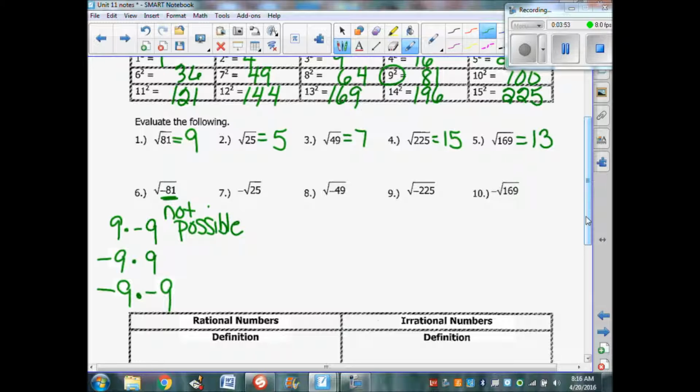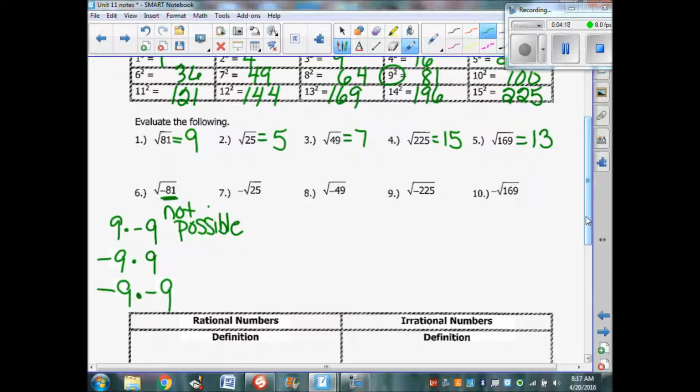But when I look at number 7, is number 7 just like number 6? What's different about number 7? The minus sign is outside the radical, or the square root. So what's happening with that? We have a negative square root of 25. So what is the square root of 25?